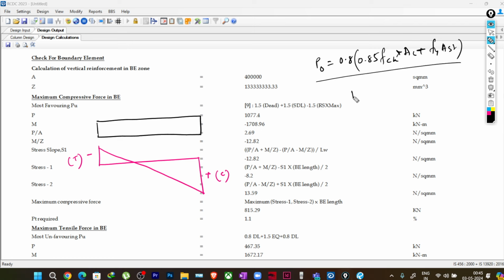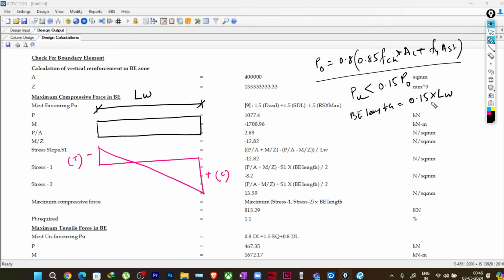So this says if the analysis Pu is less than 0.15 times this P0, then the BE length will be 0.15 times Lw. Lw is nothing but this length. I will just write it here. This is my Lw.